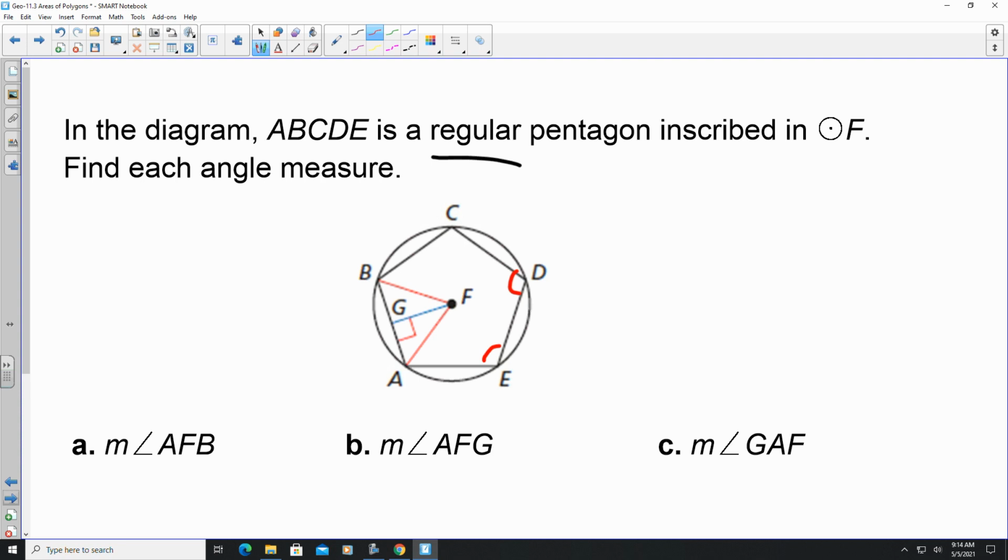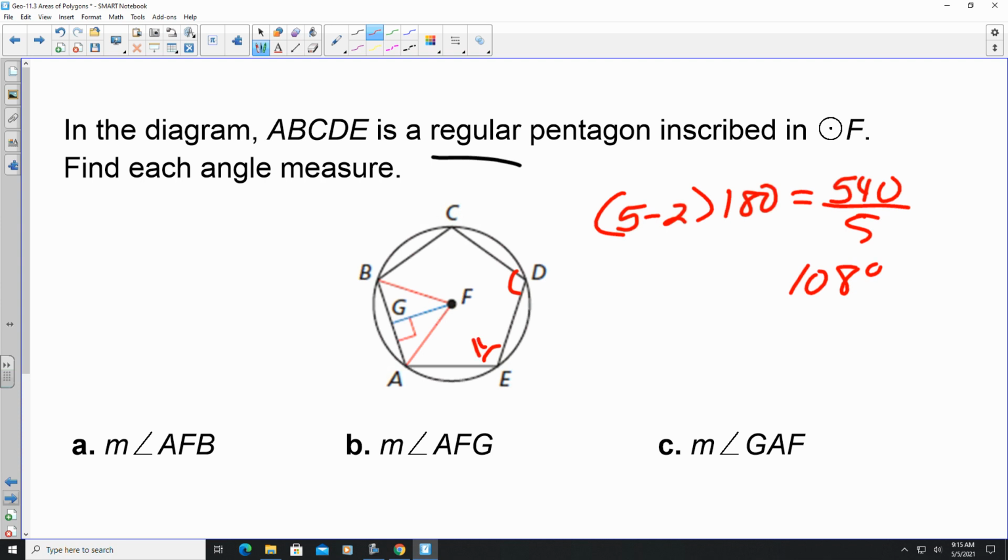If you recall, the sum of all the interior angles of a polygon with 5 sides is going to be 5 minus 2 times 180, which is equal to 540. Then to get each individual angle, I'm going to divide that by 5, which gives me 108 degrees.